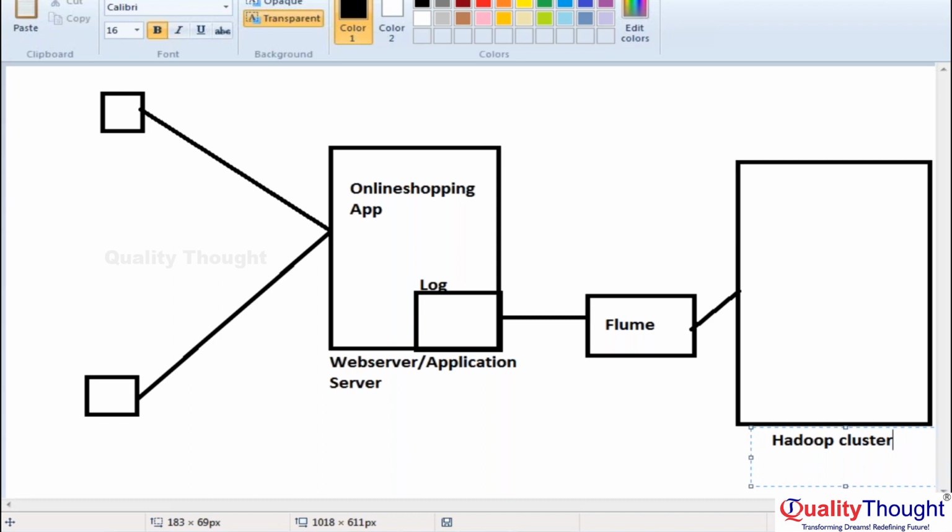This is one scenario. People are buying different items from this online shopping application. For every transaction a log is generated, so we create a connection from this log to Flume. What does Flume do? If any event is written in the log, Flume captures that event and writes it into the Hadoop cluster.